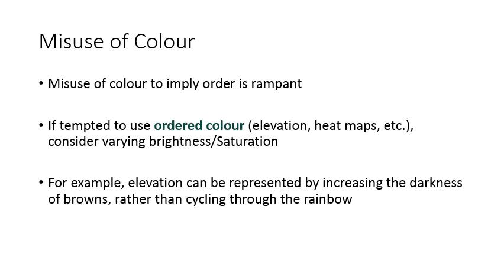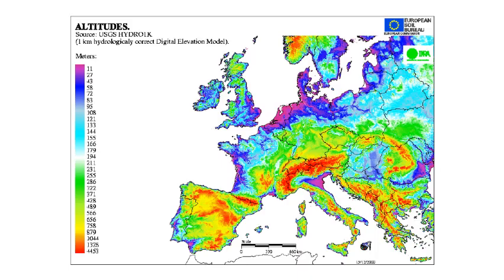If you want to use colour to encode an ordering, for elevation or heat maps, vary the brightness or the saturation. Make a colour go from a much lighter colour to a much darker colour, or go from grayscale to a very vivid red, for instance. So rather than cycling through the rainbow, represent elevation by increasing the darkness of the brown.